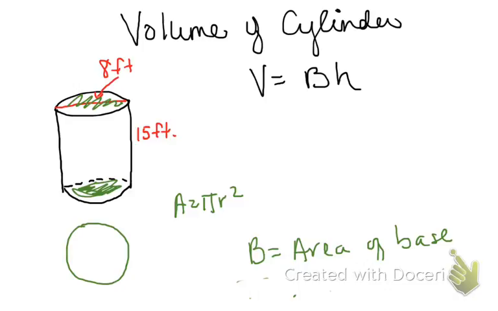Now, for a couple things we want to make sure we understand: the diameter is the distance from the outside of the circle through the center of the circle to the opposite side. That is called a diameter. The radius is half of that. So the radius starts from the center or from the outer edge and goes to the center.